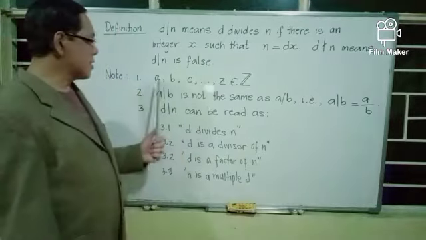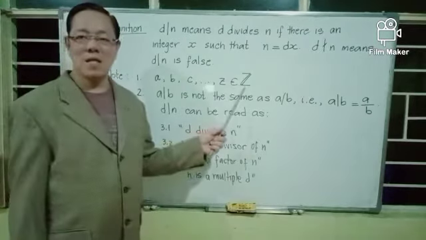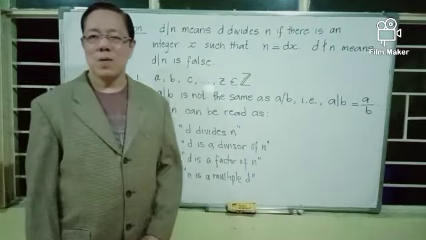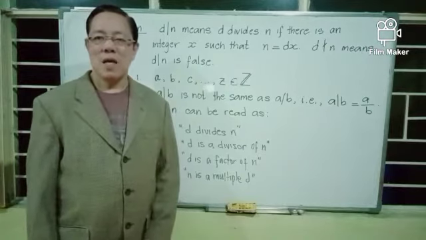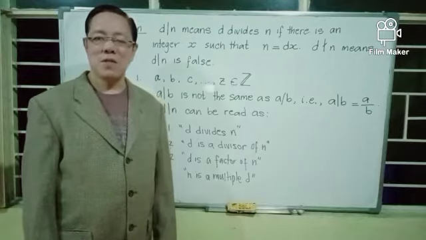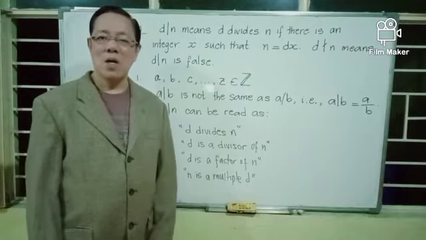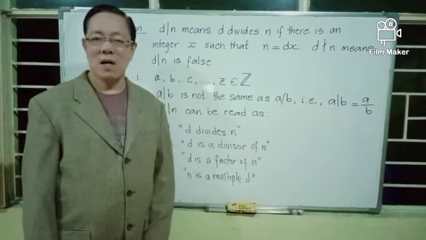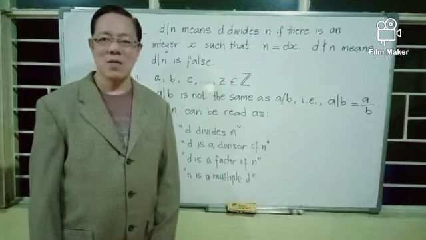So these letters are elements of the set Z, the set of integers, which consists of the negative integers, the zero integer, and the positive integers. Thus, whenever you see in definitions, in theorems, and in our discussion, some small letters of the English alphabet without saying that they represent integers, we will take them as integers.